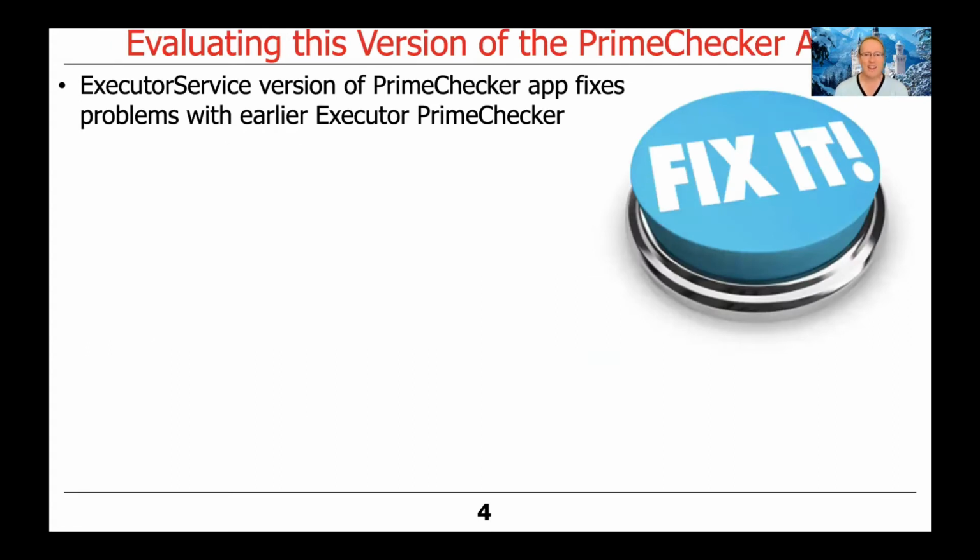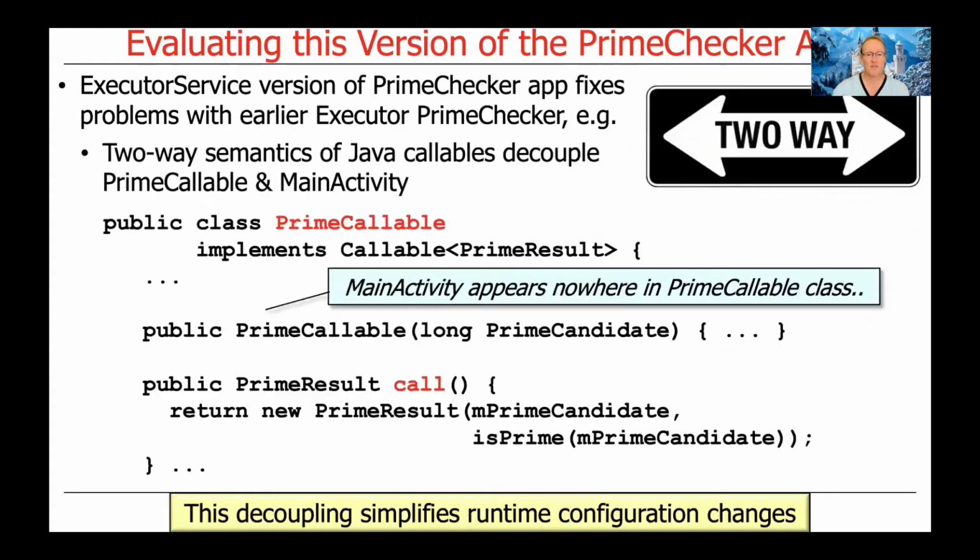So if you recall, the first version of the PrimeChecker app used the Executor interface and an implementation of that using a fixed size thread pool. This version that uses the ExecutorService interface fixes some of the problems with the earlier version.